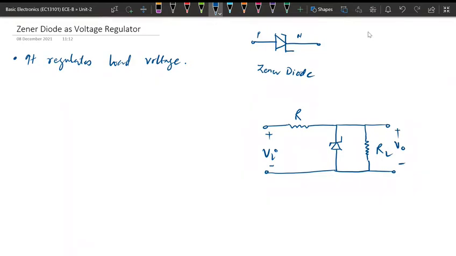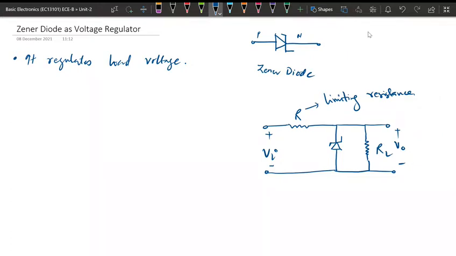So this is the basic structure of a voltage regulator circuit using Zener diode. This resistance R here is called the limiting resistance. This is the load resistance, this is the limiting resistance, and this is the Zener diode. So this is the basic structure of Zener diode used as a voltage regulator circuit.